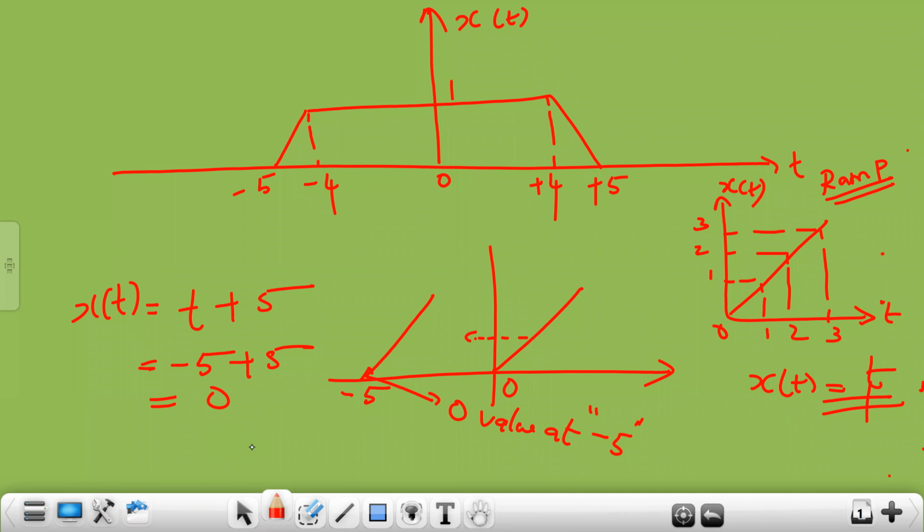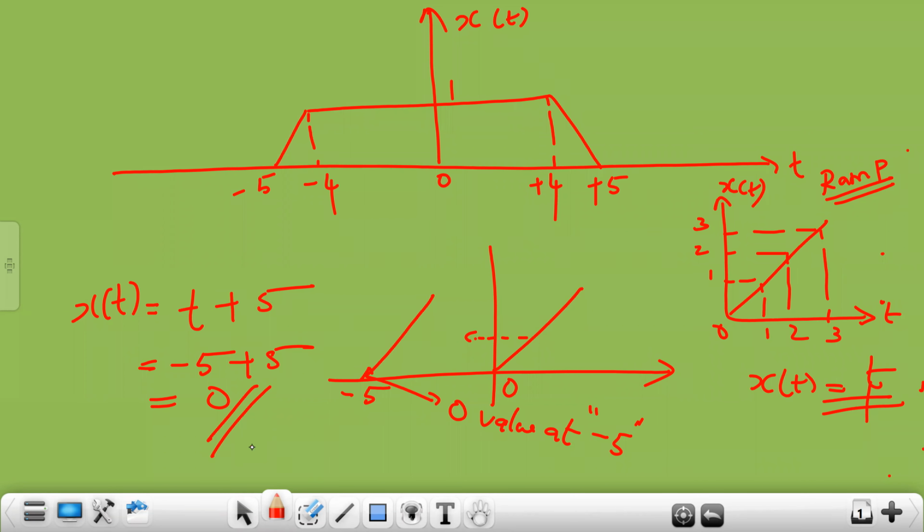Please keep it in mind, whenever you are shifting a signal towards the left-hand side, you have to add the corresponding time, because here I am shifting 5 units of time towards the left. So the equation will be t plus 5. Wherever you find t, you have to put t plus 5. You can verify by putting t as -5, because -5 plus 5 is nothing but 0. So at t equal to -5, you are getting 0.